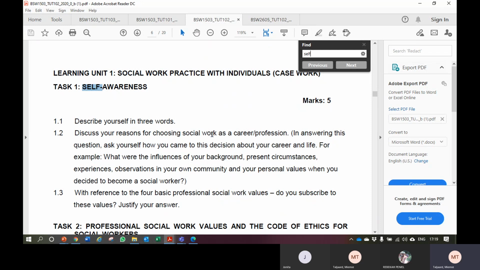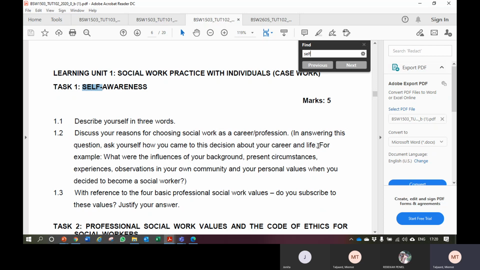So the examiner turns from an examiner into a guide, and he or she gives you advice on how to answer the question. And remember, I said right at the beginning, read through the portfolio. This is a reason why you have to read through your portfolio. In answering this question, ask yourself how you came to this decision about your career and life.